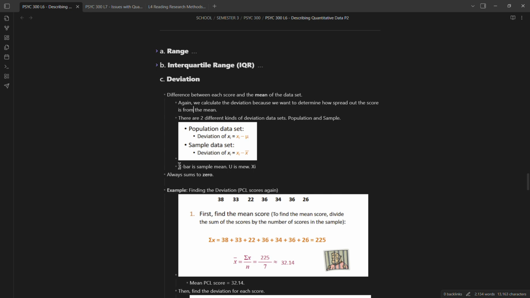So for the population data set, the deviation formula would just be the deviation of the number equals the number minus our population mean, and for the sample data set it is the number minus our sample mean.